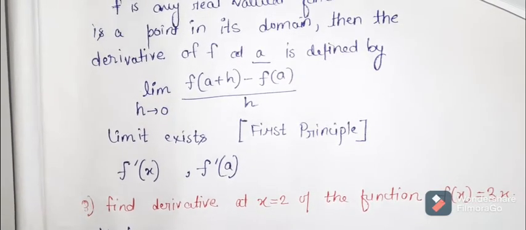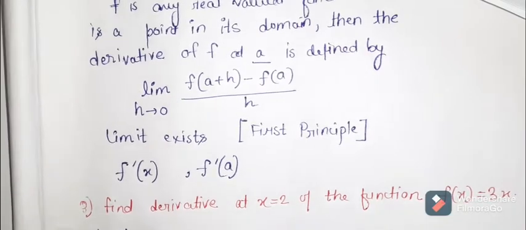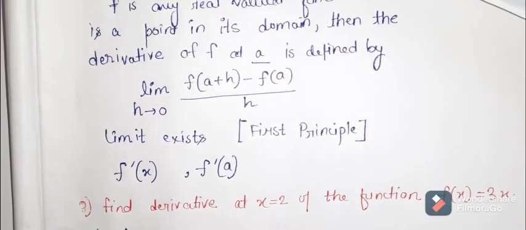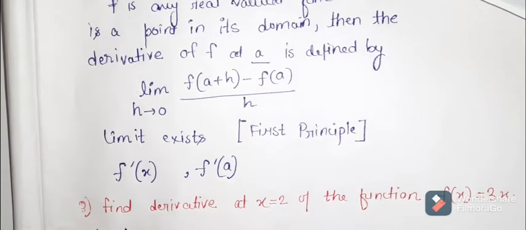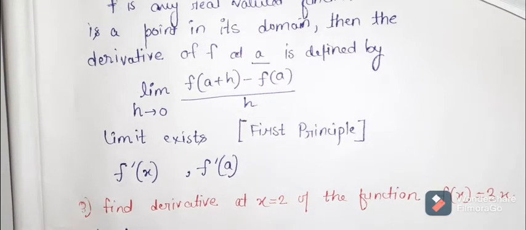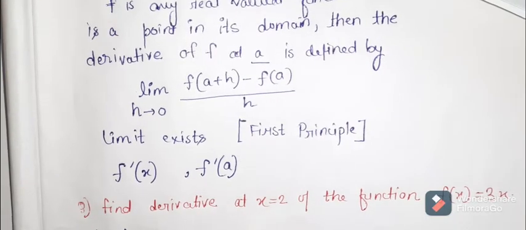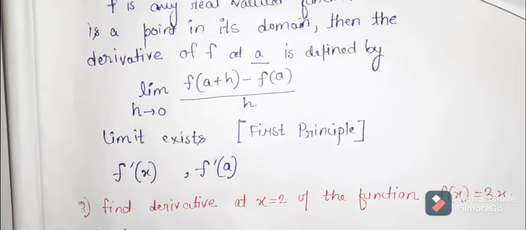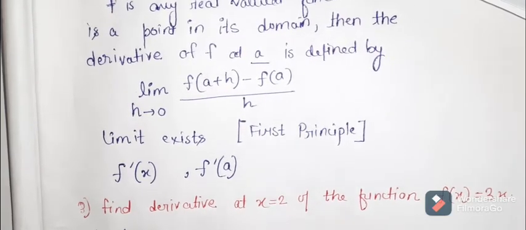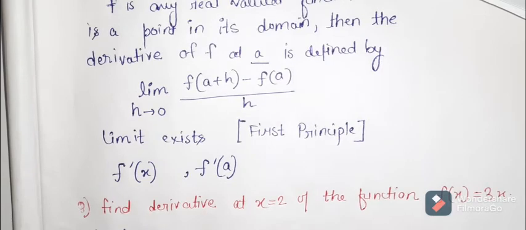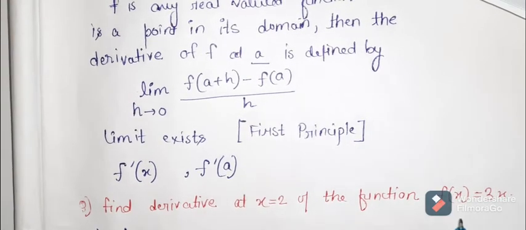f dash of 2, that is f dash of a, where a is 2, in place of x. f dash of 2 equals to limit h tends to 0 f of 2 plus h minus f of 2 divided by h. Now f of 2 plus h means f of x, in place of x you write 2 plus h.